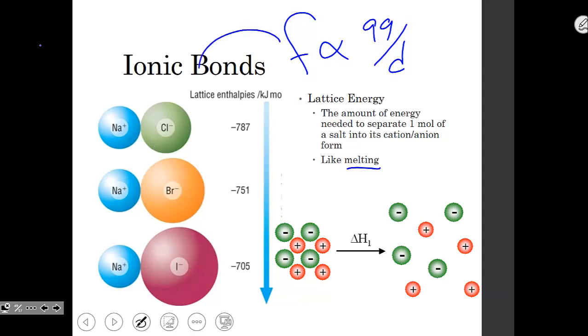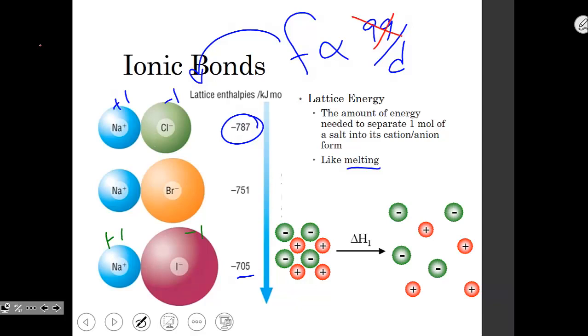So in this example here, we could explain why sodium chloride has a much higher lattice energy than sodium iodide. They are all +1s and -1s, so the charge aspect here is not really what we're looking at.